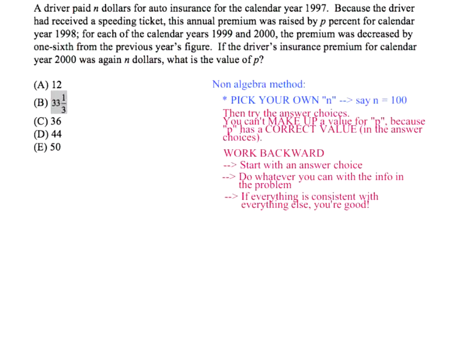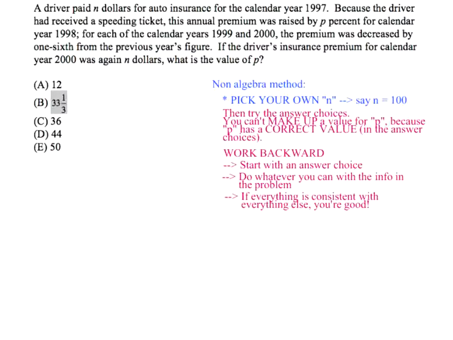Unlike making up your own values, here you do not have to keep trying choices. If you make up a value, it's possible to get a coincidence. But if you use their answer choices, then 4 of them will just be wrong and 1 of them will be right.